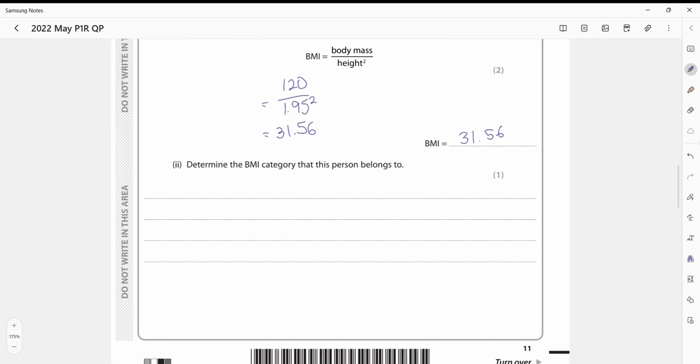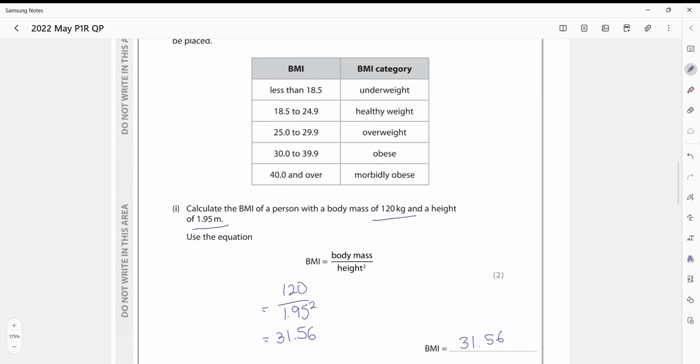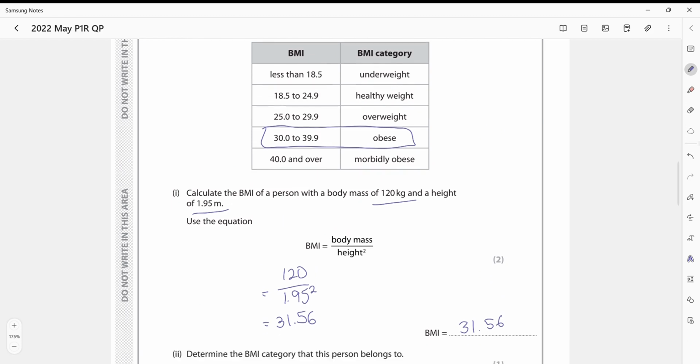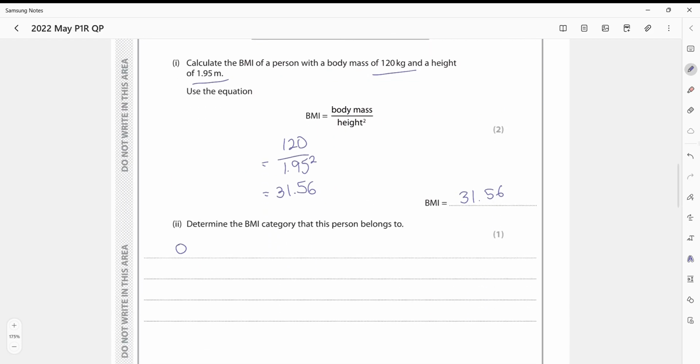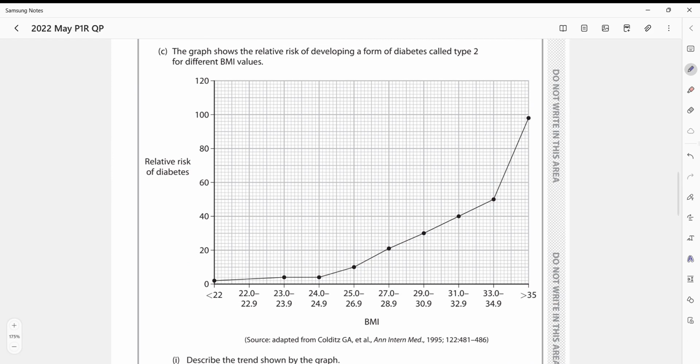Part 2, determine the BMI category that this person belongs to. So 31.56 would be in this category here because it lies between 30 and 39.9. So it'll be the obese category.